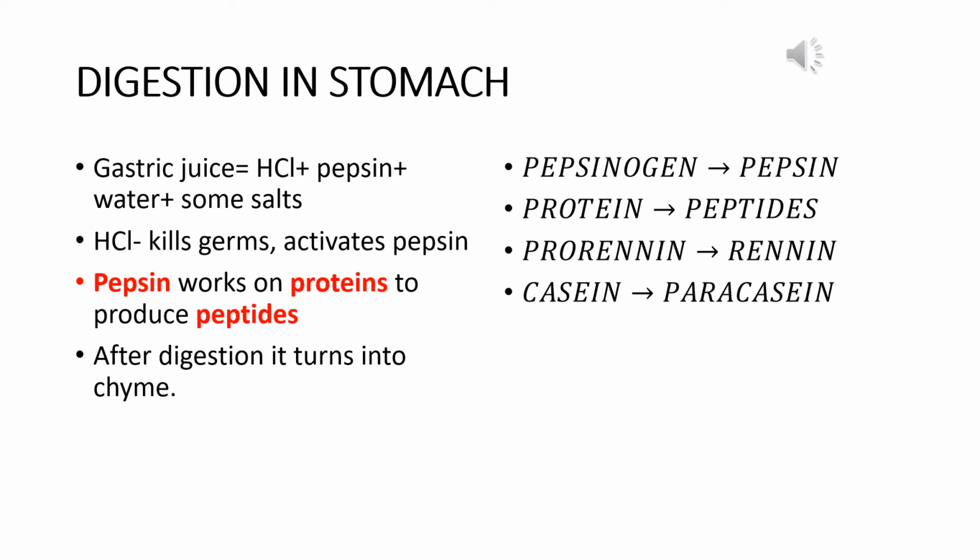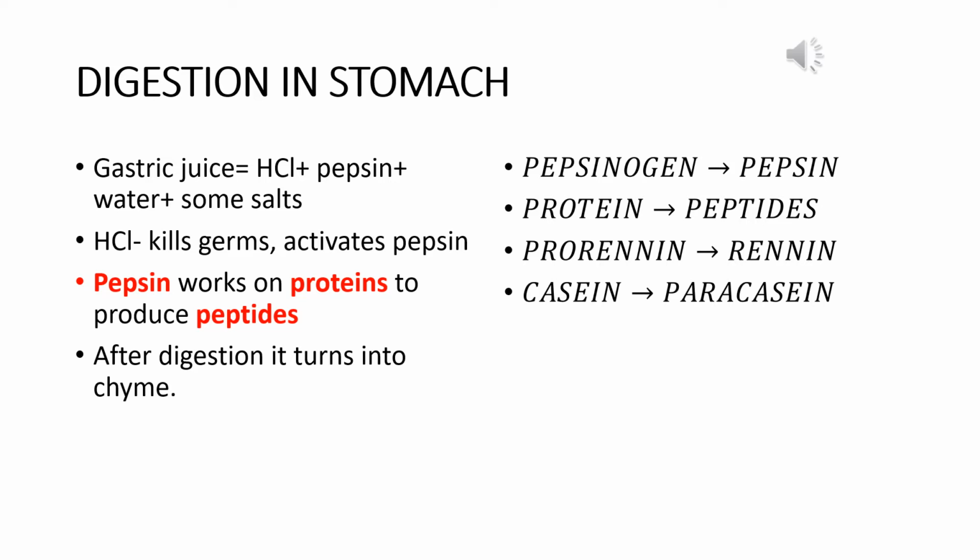After seeing the structure of the stomach, now we will see the process of chemical digestion of food in the stomach. The inner lining of the stomach has some cells or glands that are secreting gastric juice. This gastric juice is actually a combination of different things. It has HCl in a large amount, which is an acid, pepsin, which is an enzyme, water, and some salts.